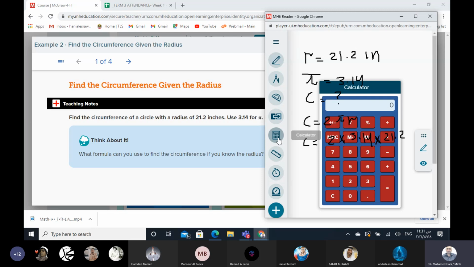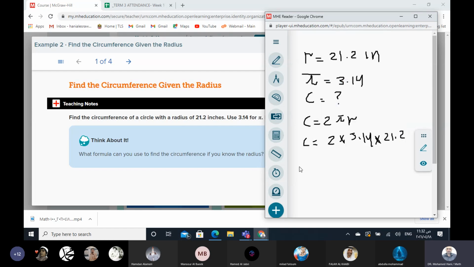I will use the calculator. Now 2 times 3.14 times 21.2. The answer will be 133.136.